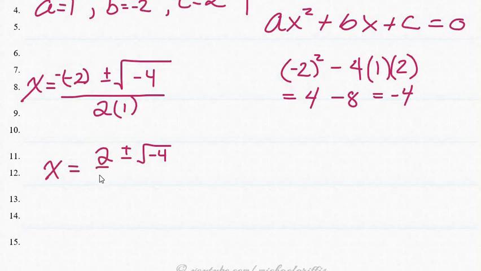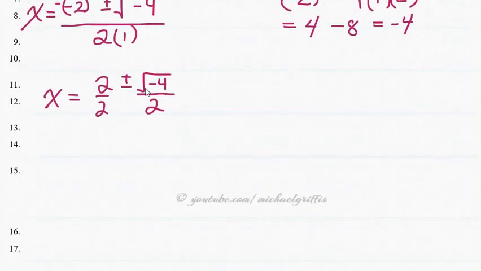Now I'm going to break this up. But we need to get this in the a plus or minus bi form, since we've got a negative under the radical here. So this becomes x is equal to 2 over 2, which is 1.